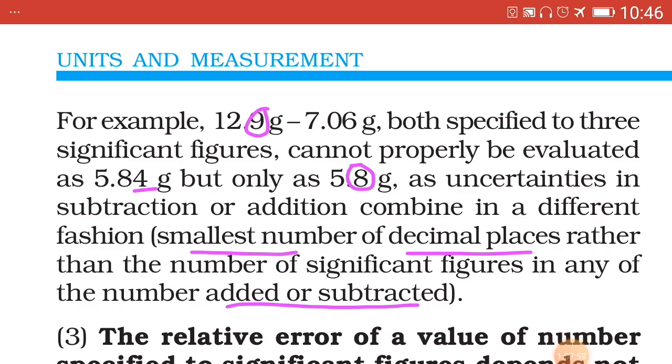Now here we consider this example: 12.9 gram minus 7.06 gram. If you subtract this, it will be 5.84 gram. The last digit is 4, but it has to be written as 5.8 gram only.